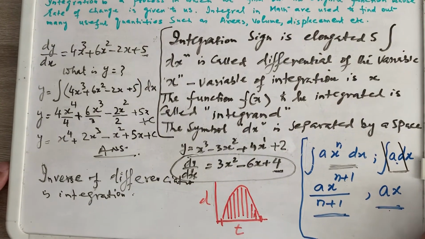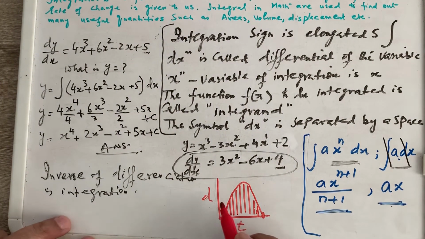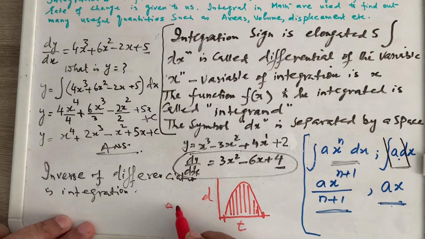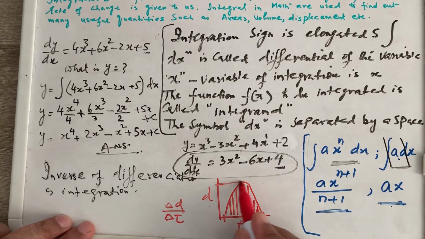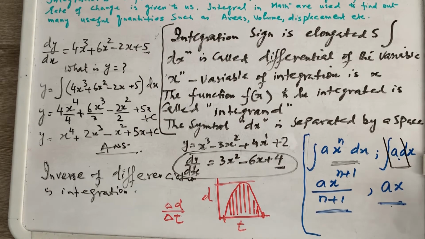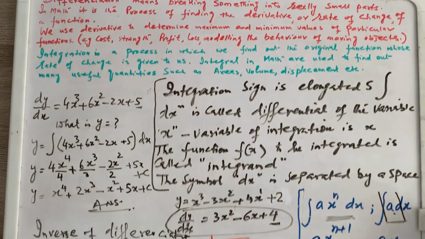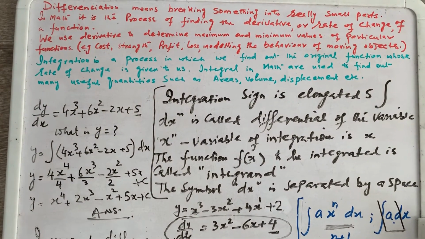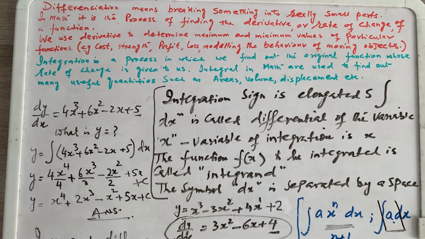In this graph, if it is d over t, that will be delta d over delta t, right? In this time interval, the curve under the given interval of time. So that is how we calculate differentiation, and the inverse process of differentiation is called integration.